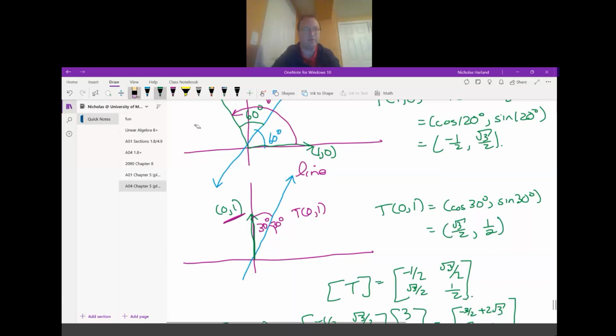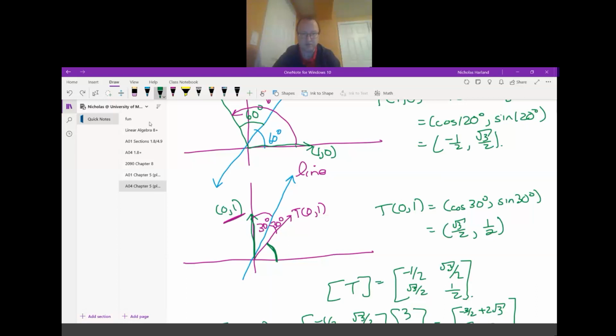However, if we want to use cos theta, sine theta, the real angle we need, just like up here, the angle has to start at the positive x-axis. That's just what trigonometry does. Then we need to know this angle.